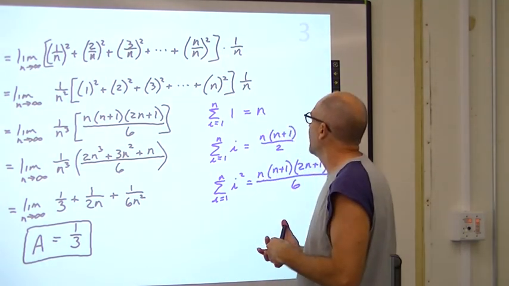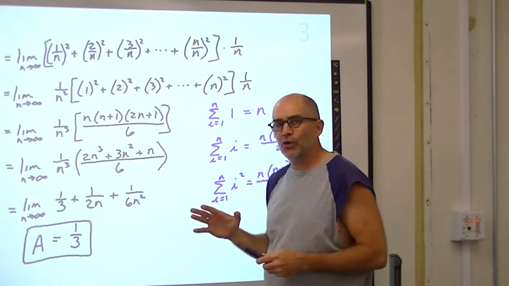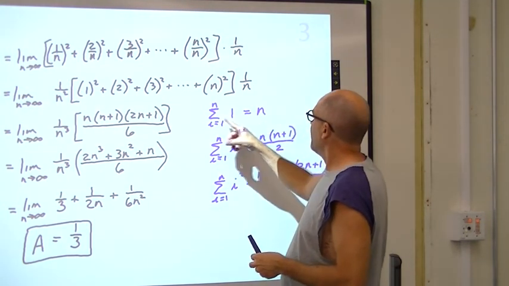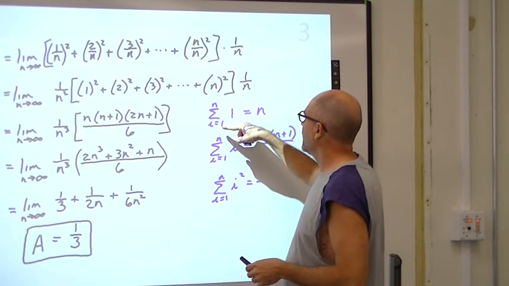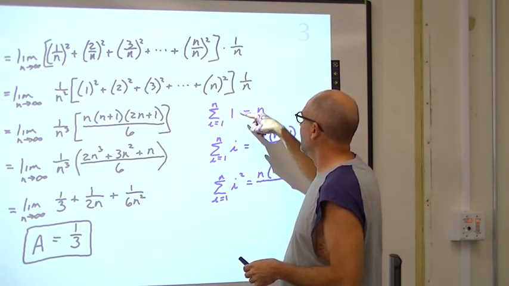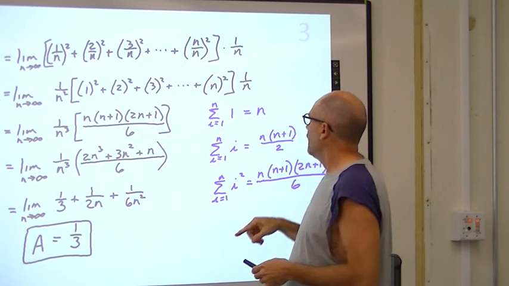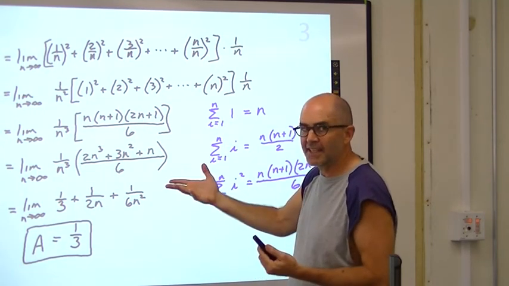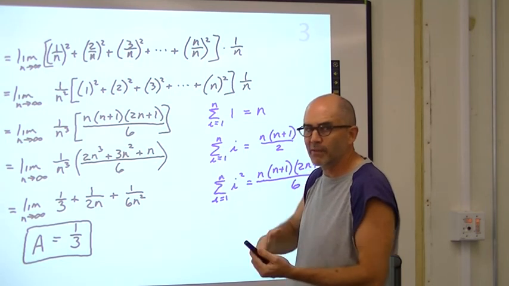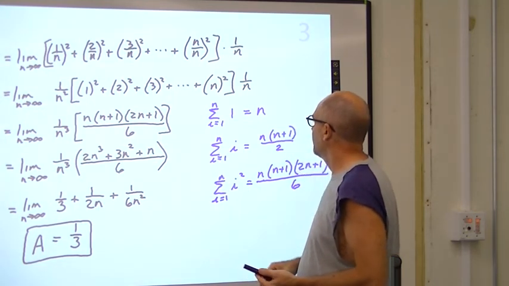Okay, now, from Algebra 2, you remember that we have these shortcuts for summations. Like if I'm summing i equals 1 to n of 1, then I'm adding 1 plus 1 plus 1 plus 1 plus 1 n times. Well, n times 1 is n.